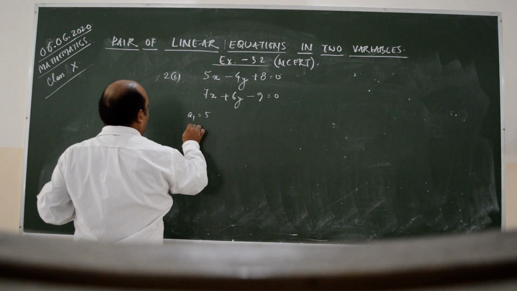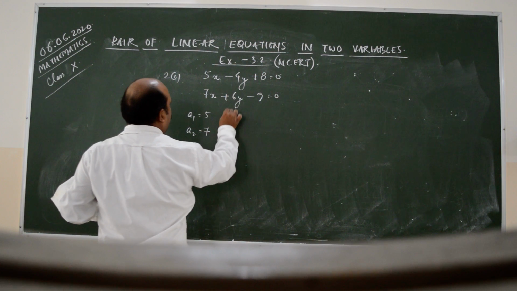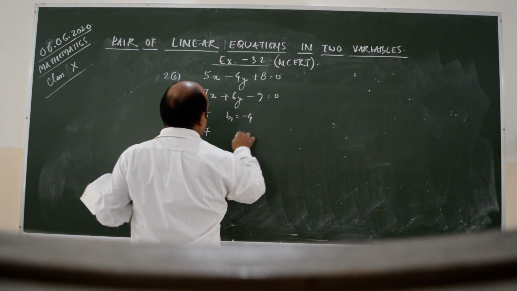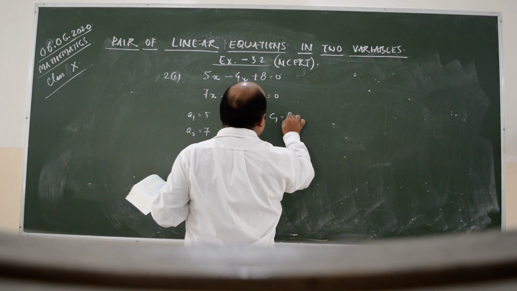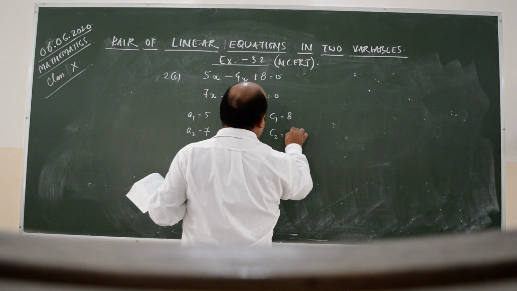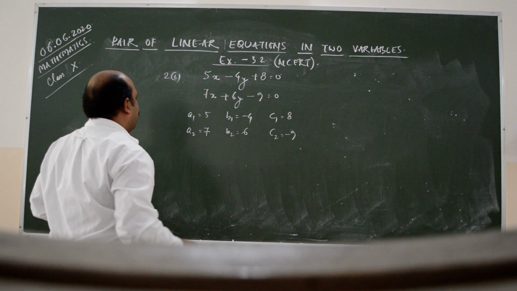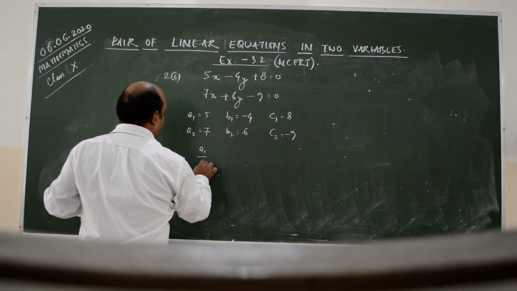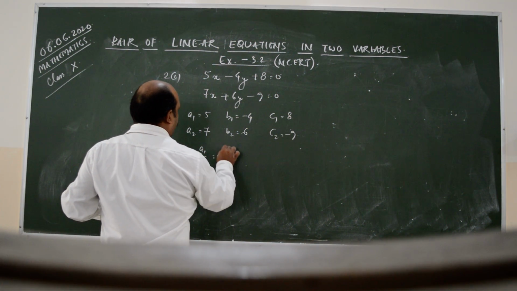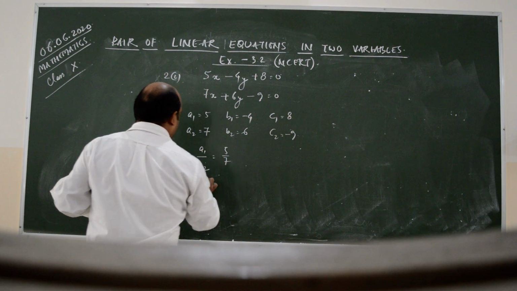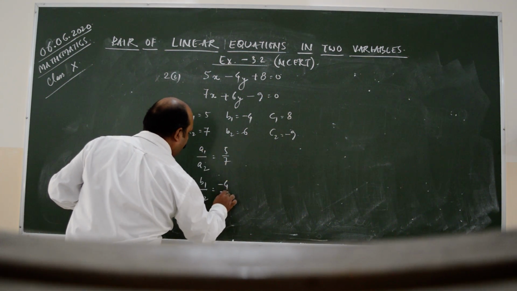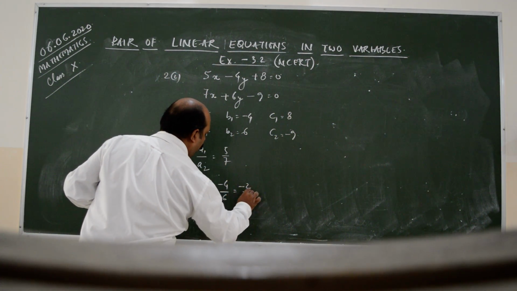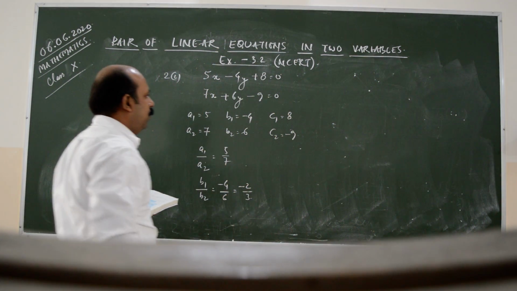A1 is 5, A2 is 7, B1 is -4, B2 is 6, C1 is 8 and C2 is -9. Now let us compare. A1 by A2 is 5 by 7, B1 by B2 is -4 by 6, in simplest form -2 by 3.